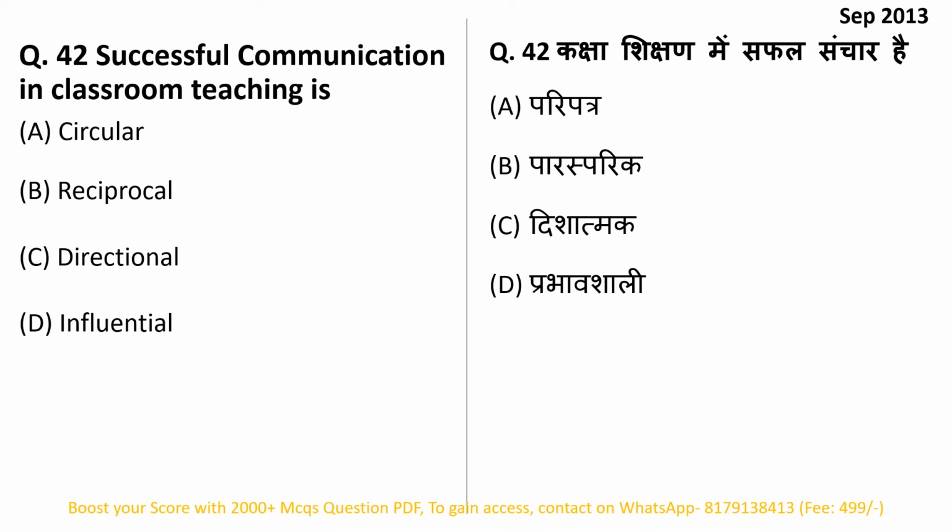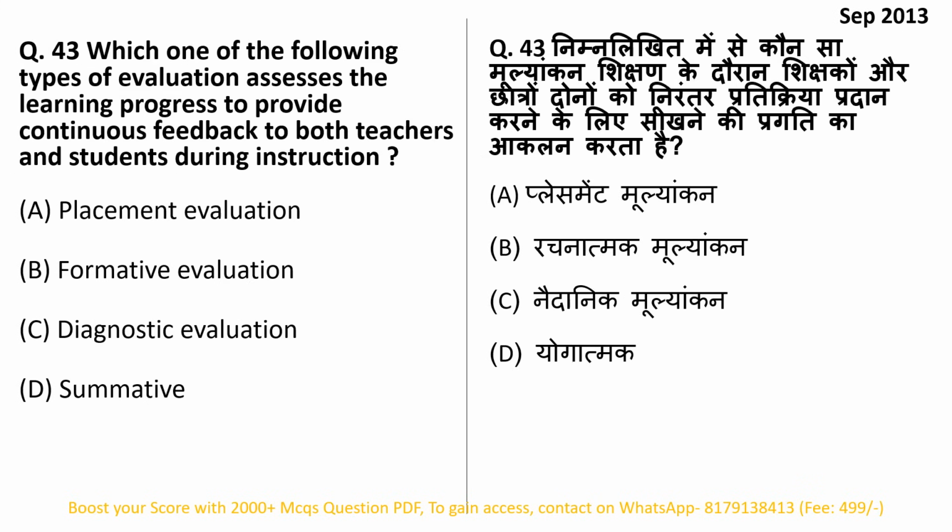Successful communication in a classroom teaching is circular, reciprocal, directional, or influential. The right answer is option B, reciprocal. It refers to instructional activities in which at times students become teacher to a small group. So that is reciprocal teaching.